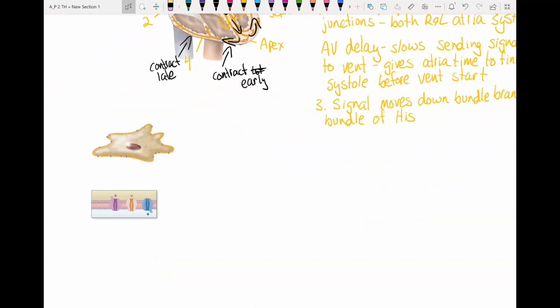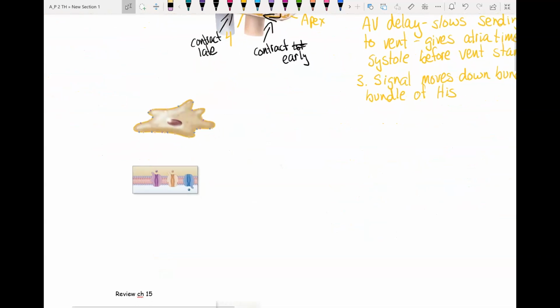Now we can look at a nodal cell. So this picture is our nodal cell. This is showing what's going on inside that SA node to create the signal. And you have to think back to chapter 12.